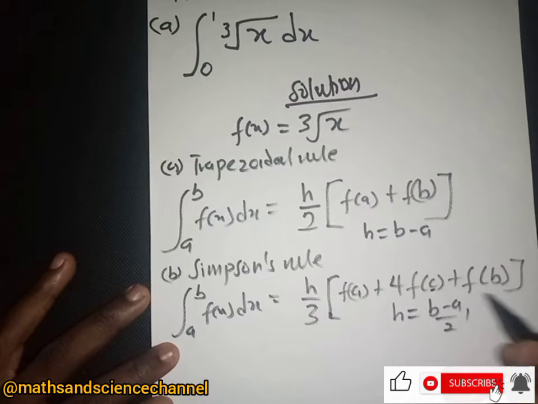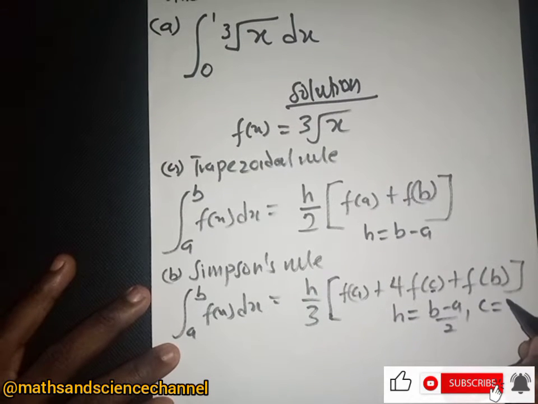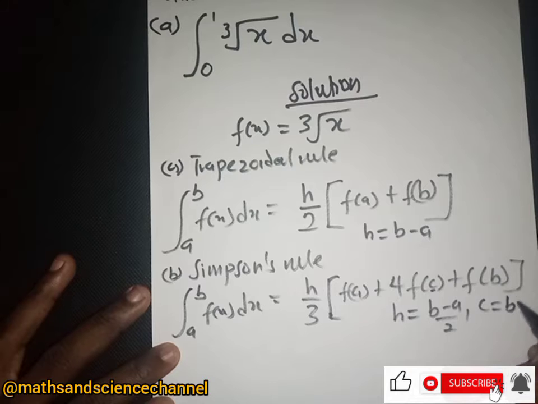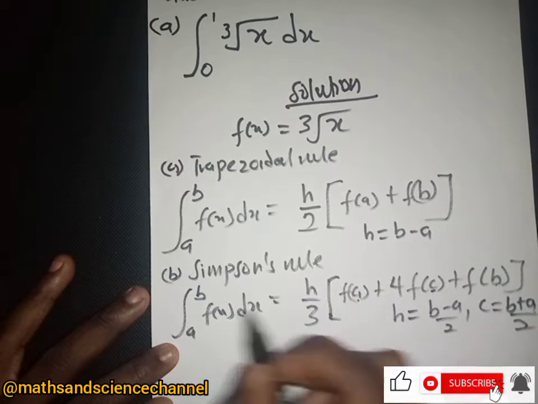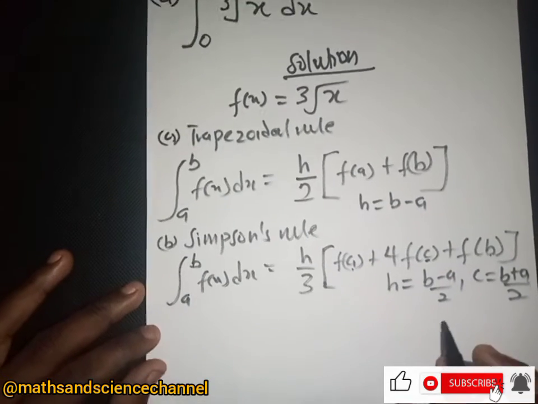But then also c is given by b plus a divided by 2. Remember, a and b are just the limits of the integral.